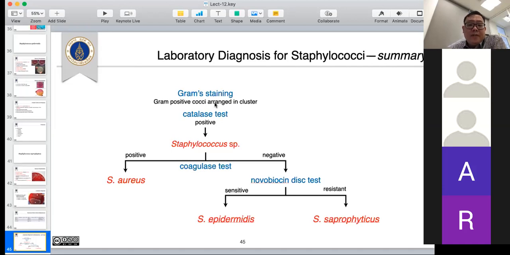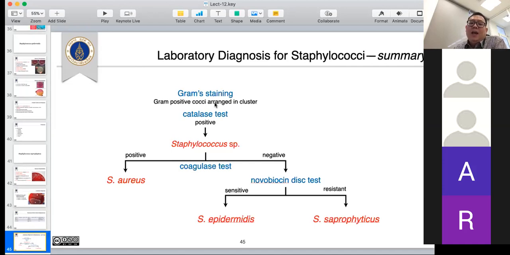for gram-positive, you need to test gram-positive cocci arranged in clusters. If catalase positive, you can say this is Staphylococcus only. If coagulase positive, it is Staph aureus.